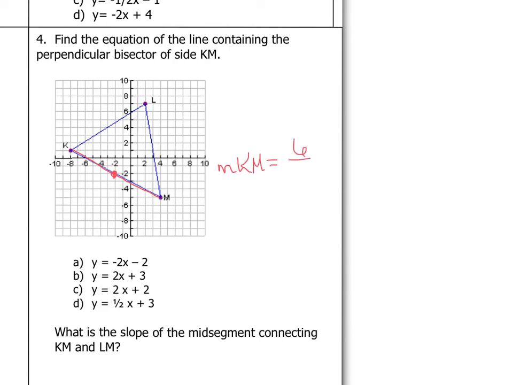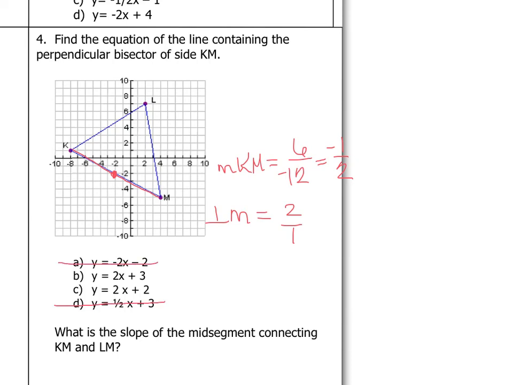Up 6. And back 12. So we have a -1/2. So perpendicular to that is going to be flip the number, flip the sign. So we're going to eliminate answer choices based off of the slope. So D does not work and A does not work.